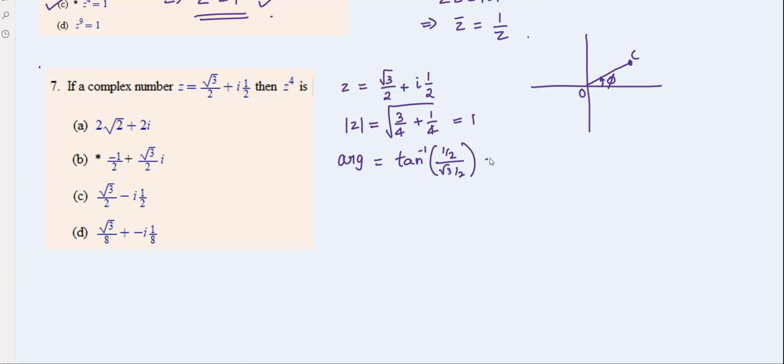So this is the argument. So argument of z is this. Tan inverse 1 by root 3, that is 30 degrees, or pi by 6.